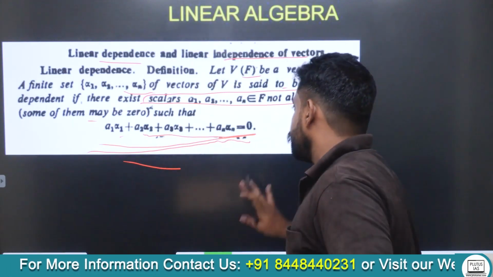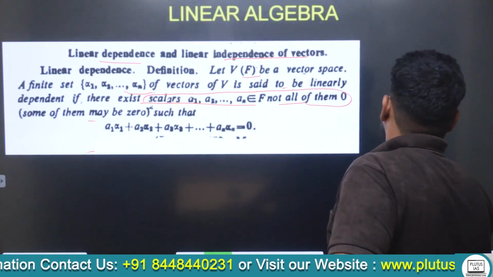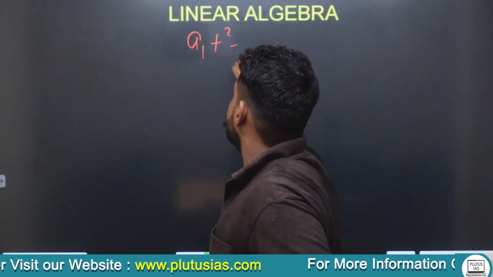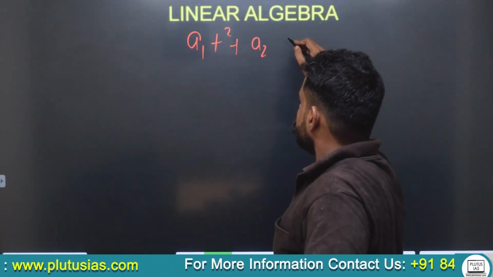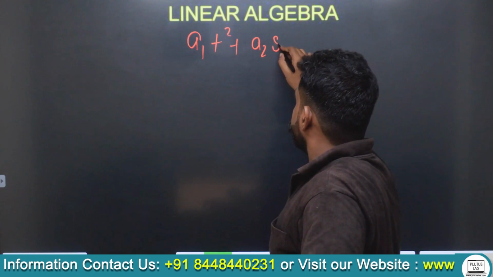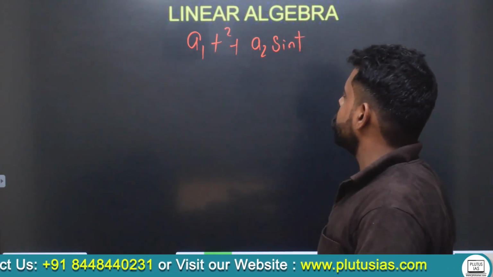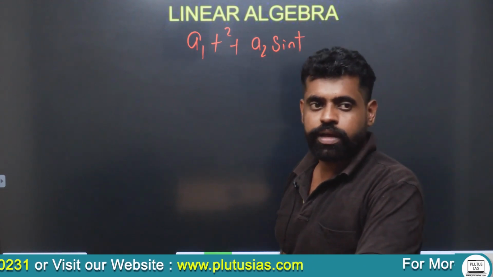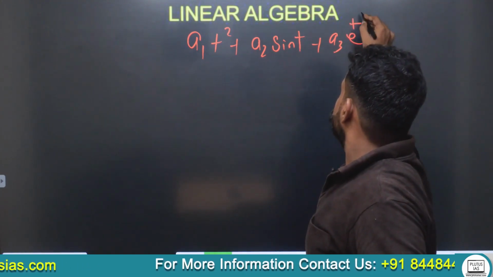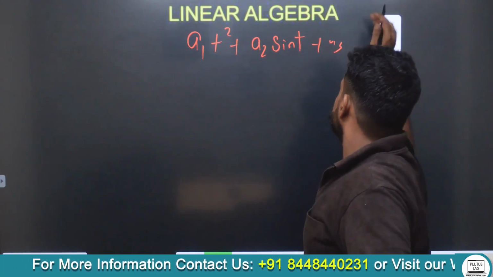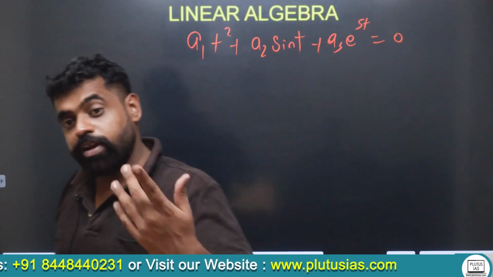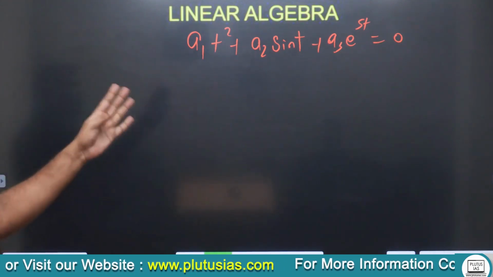For example, if I write a1 t square plus a2 sine of angle t plus a3 e to the power 5t equal to 0, for every value of t.